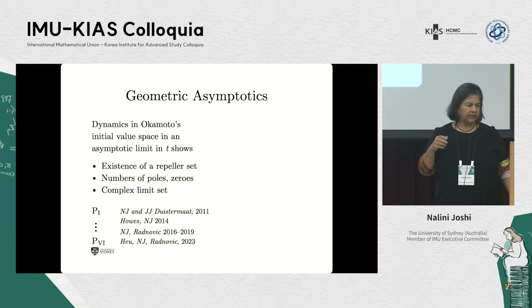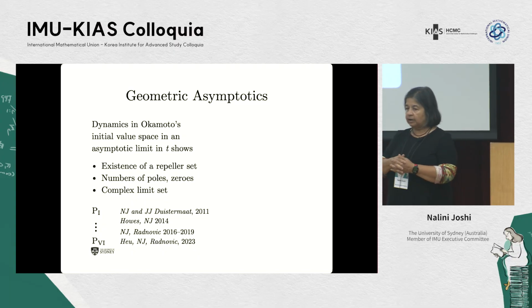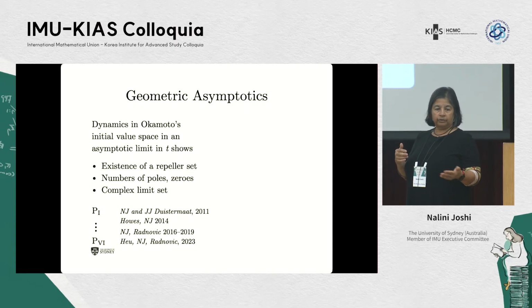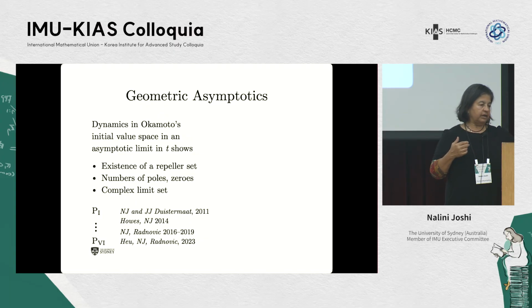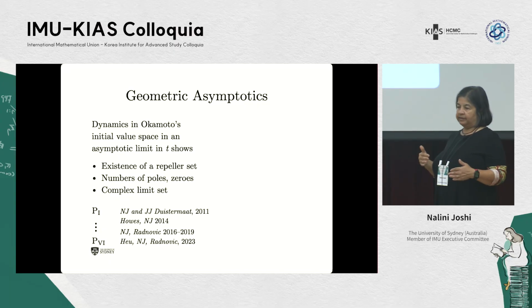So that's one half of the story. This allows us to describe some global properties of the dynamics that had not been proved or shown before. But this is not everything. Because in addition to the differential Painlevé equations, there are discrete Painlevé equations.